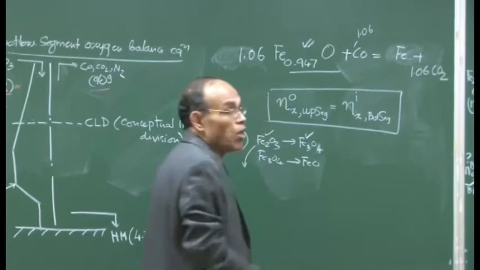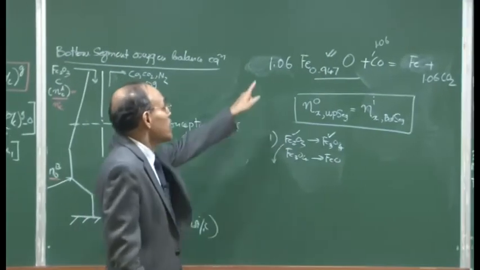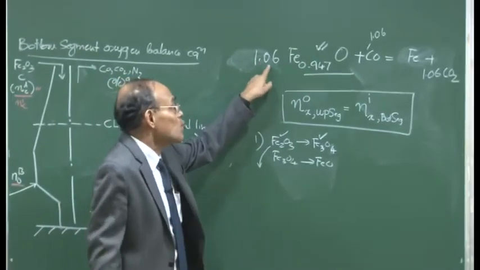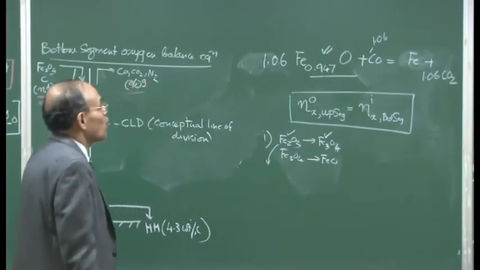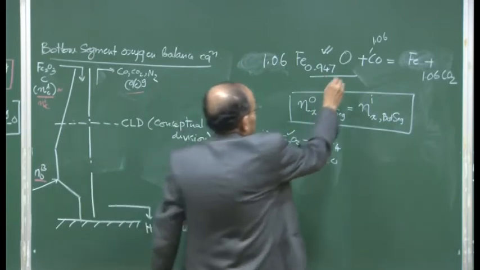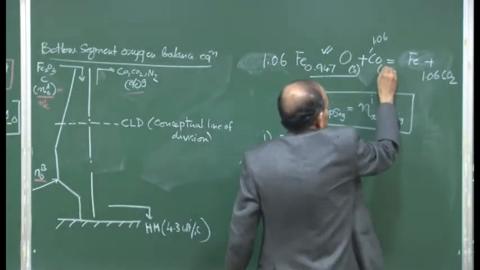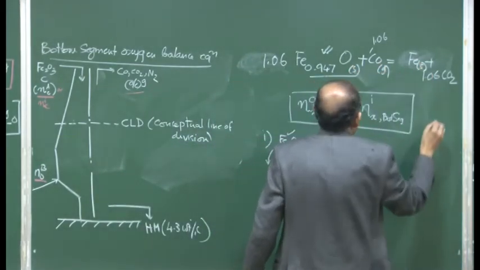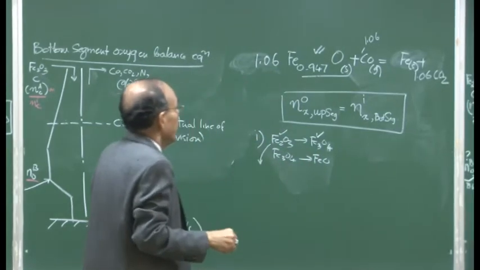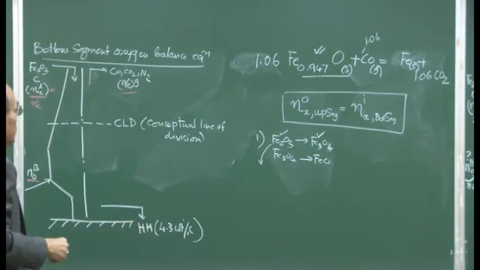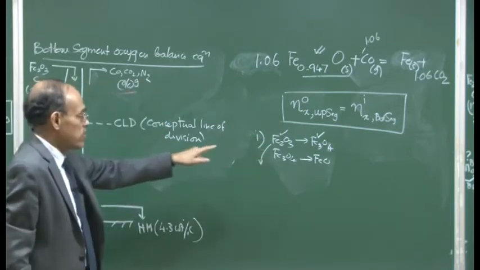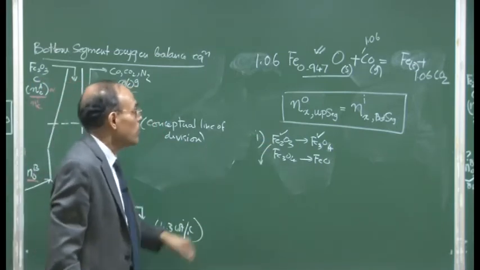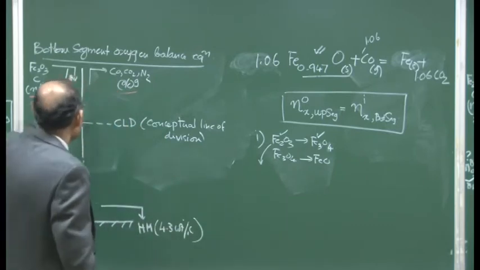To produce 1 mole of Fe, we have to charge 1.06, because 1.06 multiplied by 0.947 will give you 1. So to produce 1 mole of Fe, we will require 1.06 moles of wüstite.